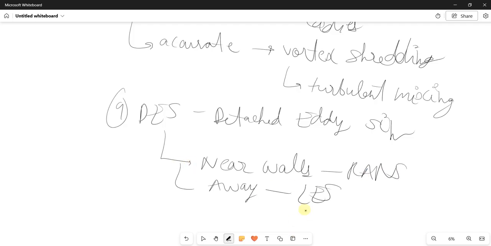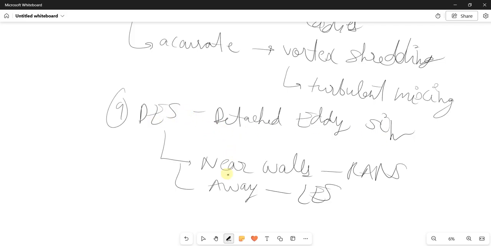Your LES is not that good at resolving near walls, which is one of its disadvantages. That's why it's good for vortex shedding, which usually happens in the middle, the free flow stream, and the mixing usually happens there. LES is a bit weak on near-wall resolving, and that's why you have DES.